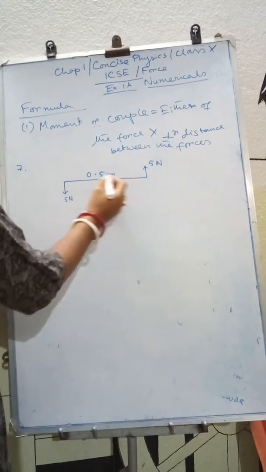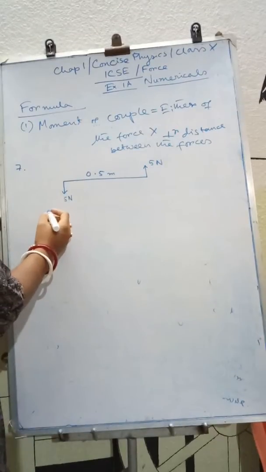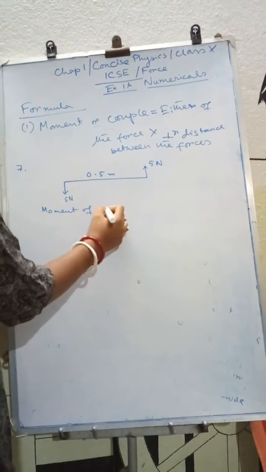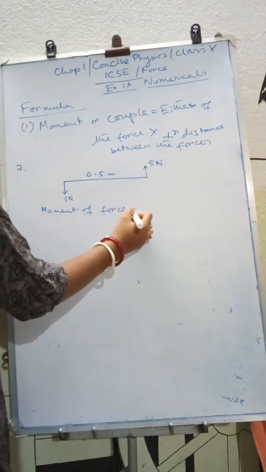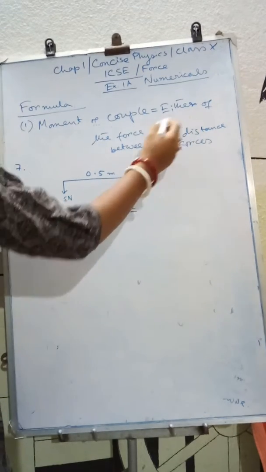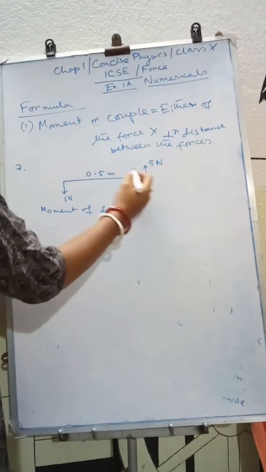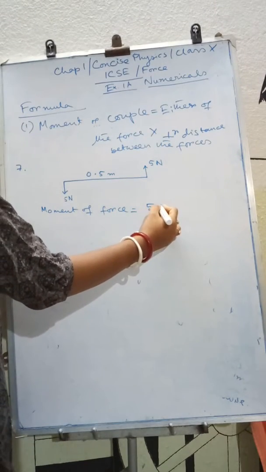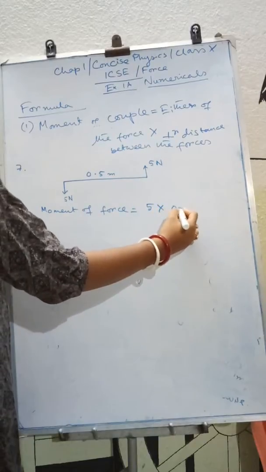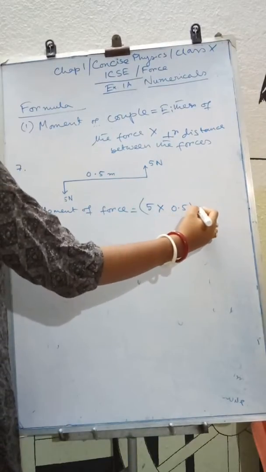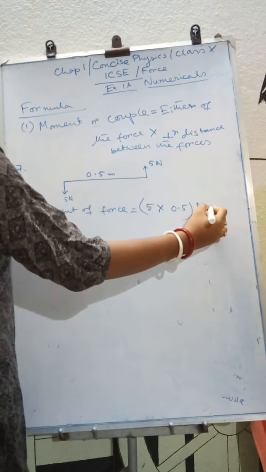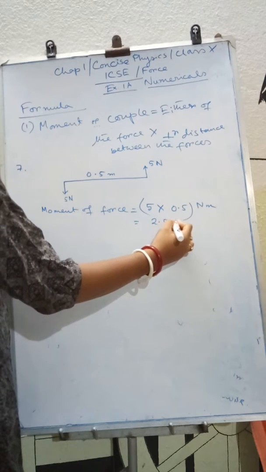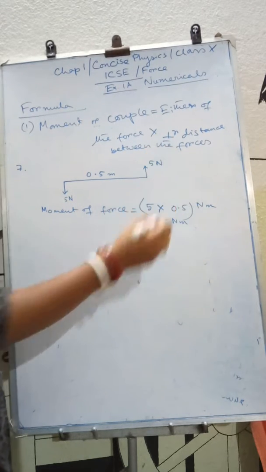So this one is the diagram, and we have to find the moment of force applied. The formula is either of the force multiplied by perpendicular distance between the forces. That is, either of the force is 5 Newton and the perpendicular distance between them is 0.5 meter. So the moment of force will be 5 multiplied by 0.5 Newton meter, that is 2.5 Newton meter.